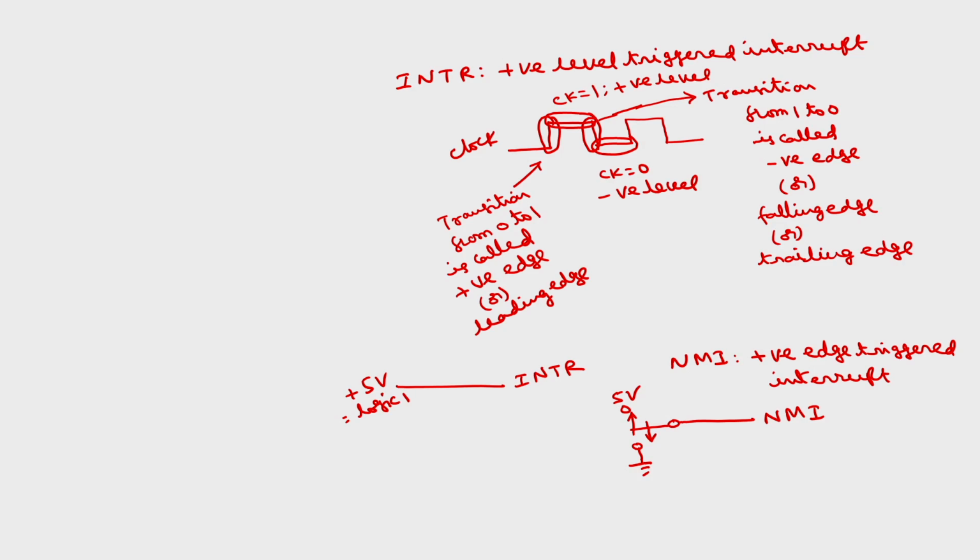A 0 to 1 transition is called positive edge. Whereas INTR is positive level. If I make simply plus 5 volts here, INTR will be enabled. So, these two are the hardware interrupts INTR and NMI in 8086. INTR is positive level triggered, NMI is positive edge triggered.